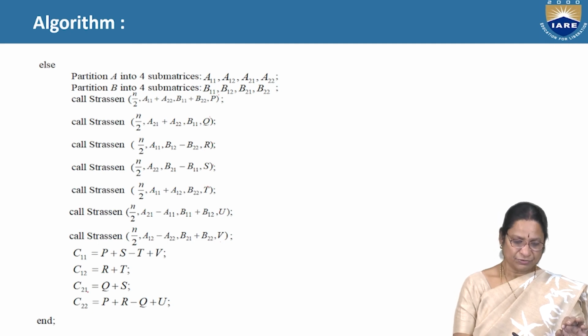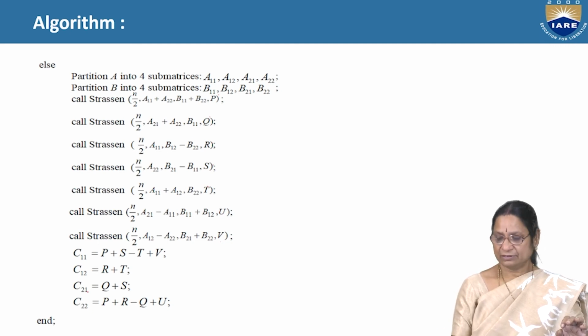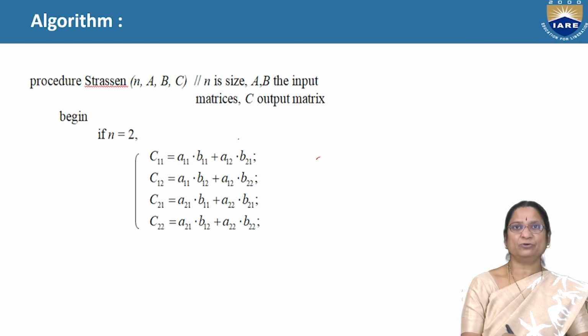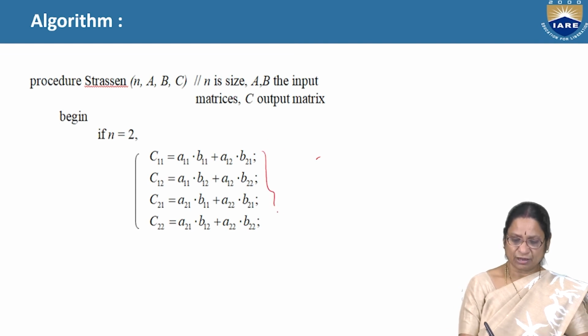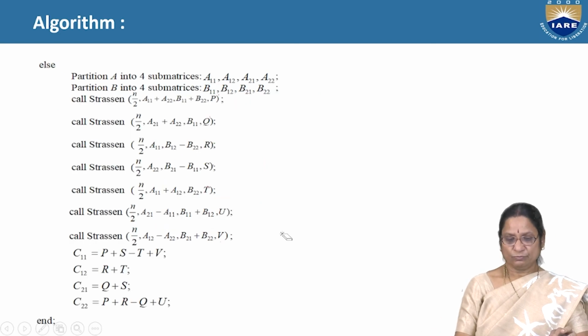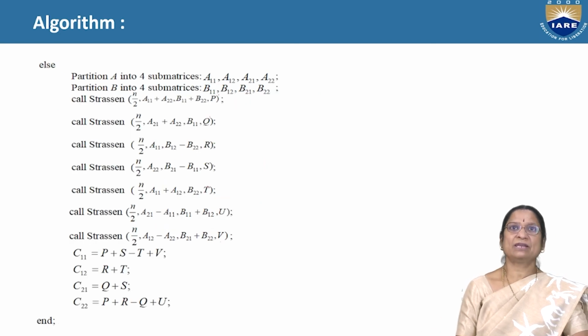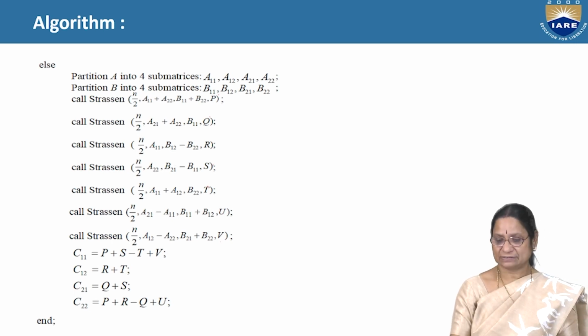And we are computing C1, C2, etc. That means if it is a normal 2 by 2 matrix, we compute in the normal way because it's a simple thing. If it is more than 2 by 2 matrices, we are recursively calling our algorithm, Strassen's algorithm, by using these equations.